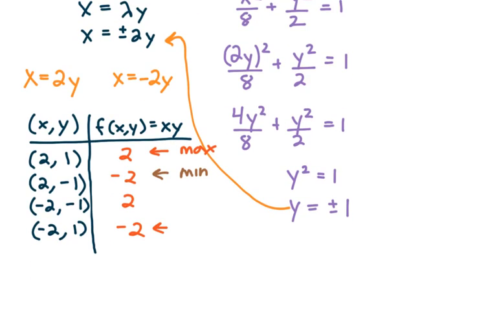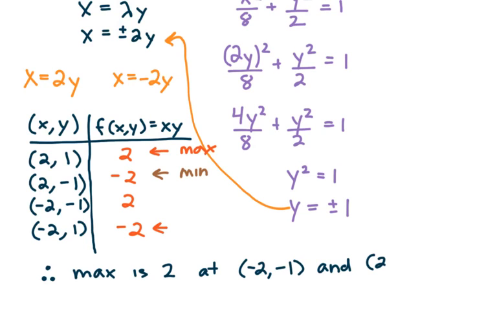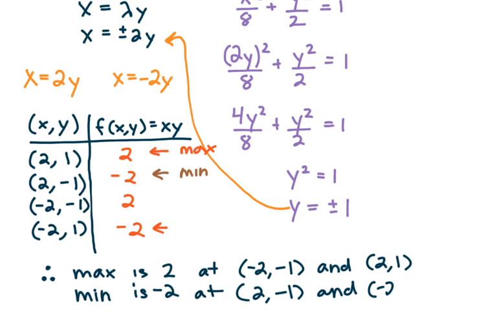So the way we could write our answer, therefore, the max is 2 at negative 2, negative 1, and positive 2, positive 1. And the minimum value is negative 2, occurring at 2 spots, 2, negative 1, and negative 2, positive 1.